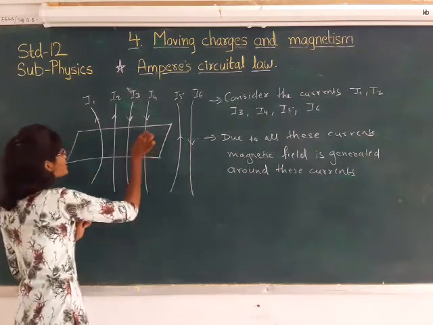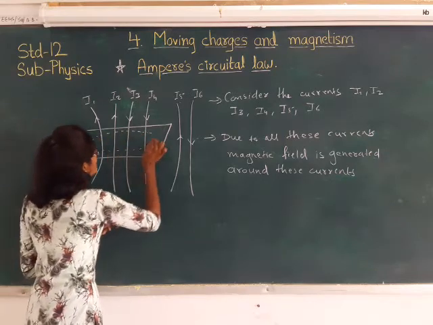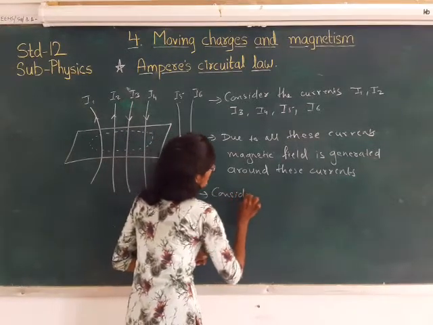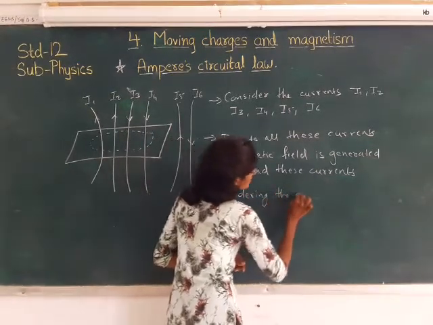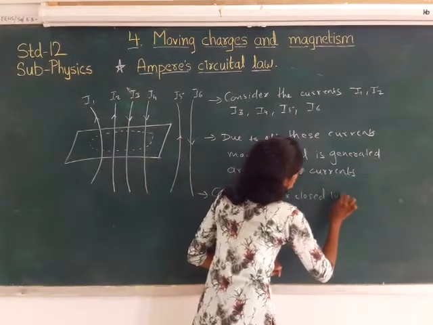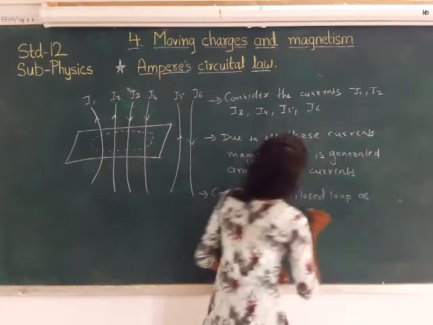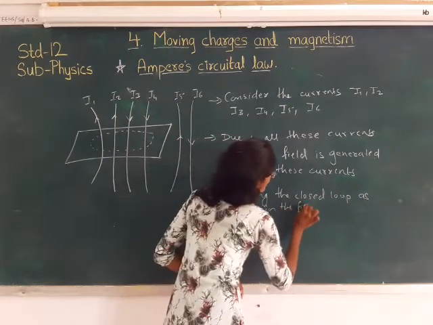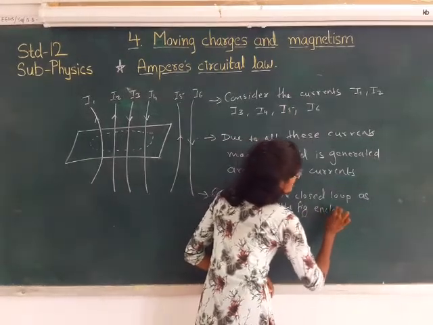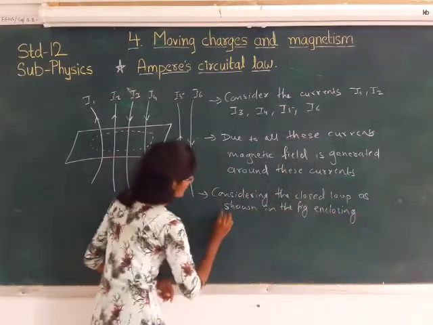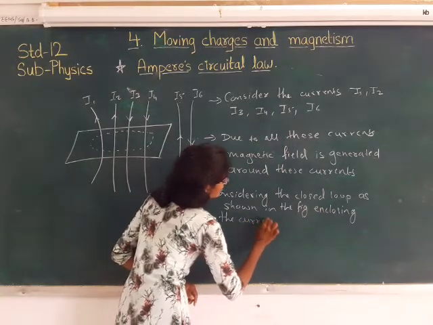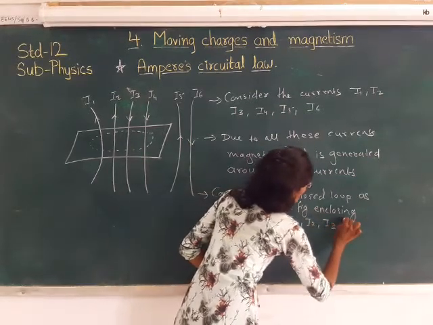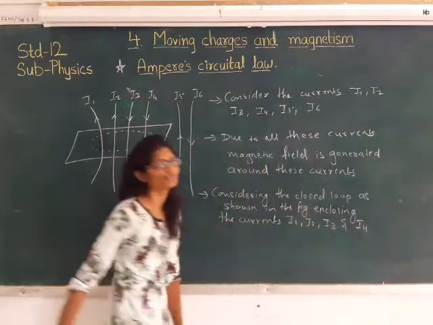But over here we are going to consider a particular loop, a particular region. Let us consider this closed loop as shown in the figure, enclosing the currents I1, I2, I3 and I4.